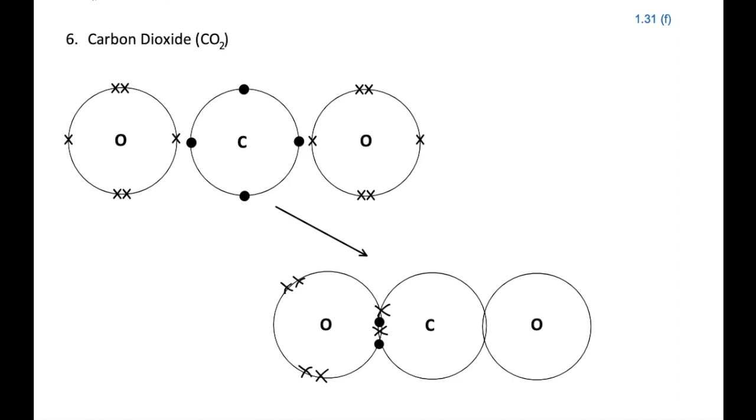So what carbon does is combine with another oxygen and form another double bond. And so all atoms here have a full outer shell, and we end up forming 2 double covalent bonds.